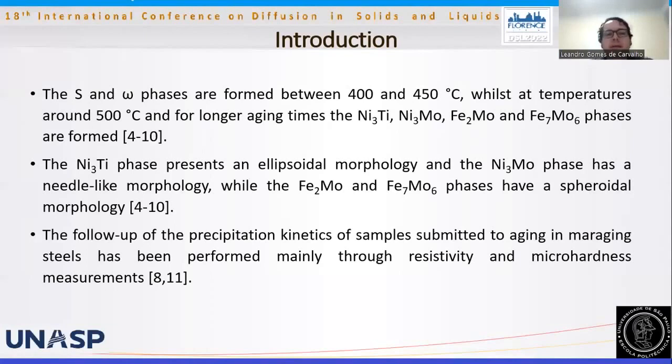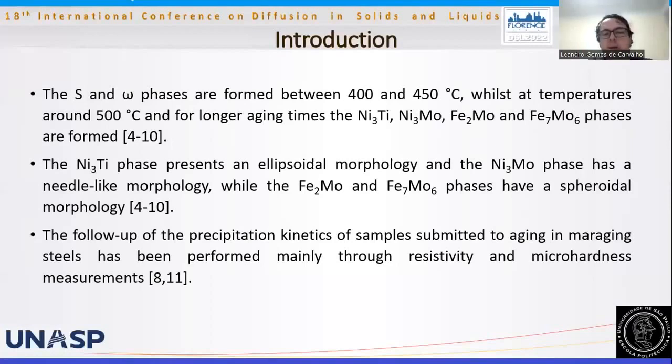The Ni3Ti phase presents an ellipsoidal morphology, and the Ni3Mo phase has a needle-like morphology, while the Fe2Mo and Fe7Mo6 phases have a spheroidal morphology.